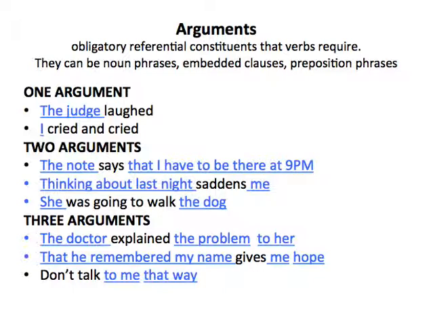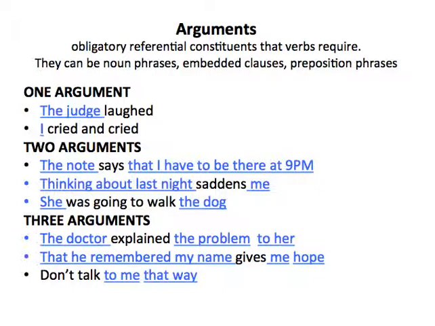The doctor is the subject. And as you've noticed, an obligatory form of any verb in English is that we have to have a subject. So SV is the minimal component of a verb phrase. So the doctor is one argument, explained is the verb, and explain is a verb that has two more arguments, a direct object and indirect object, the problem and to her.